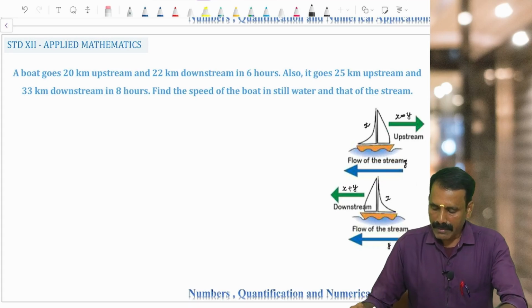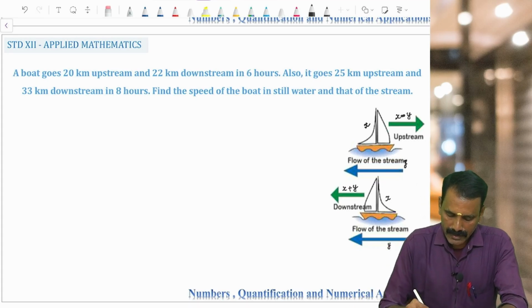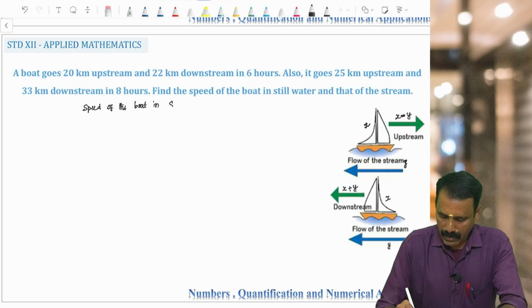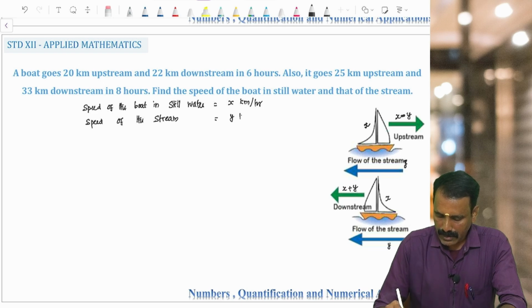Okay. Now we are having two cases. We write, we take speed of the boat in still water, x km per hour. Speed of the stream, that is speed of the flow of the water, we take y km per hour.